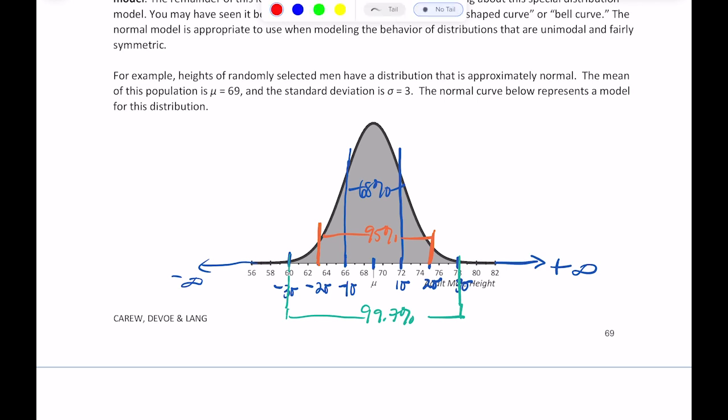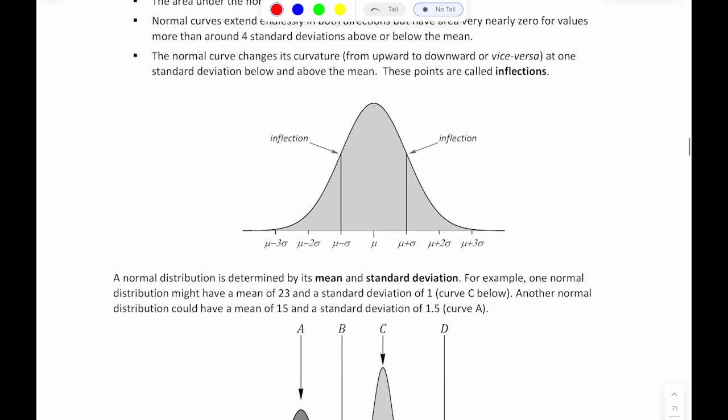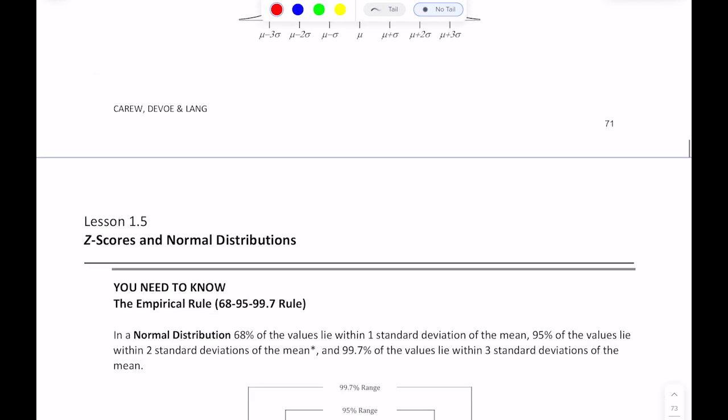As you can see here, anything beyond 3, the area gets really, really small. So it's very unusual for a male to have a height of more than 78 inches or less than 60 inches. It would be unusual or rare to see that. Pretty soon we'll be able to calculate those probabilities using either the empirical rule or some other calculations that we can do using tables and the calculator.